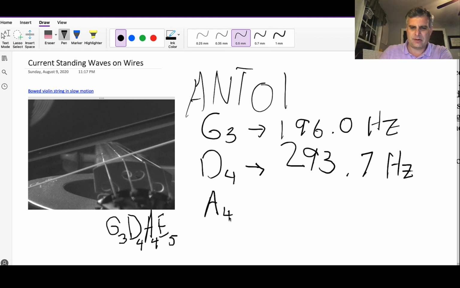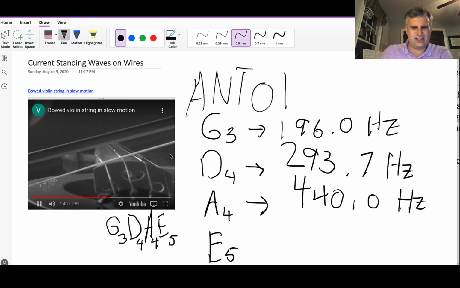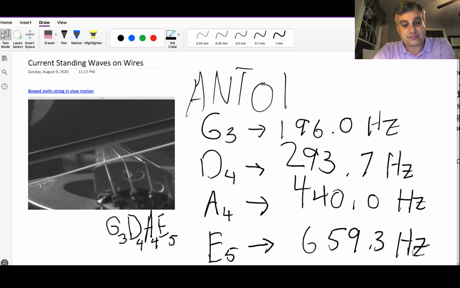A4 is 440 hertz. And finally the E5, that really thin string at the top, 659.3 hertz.